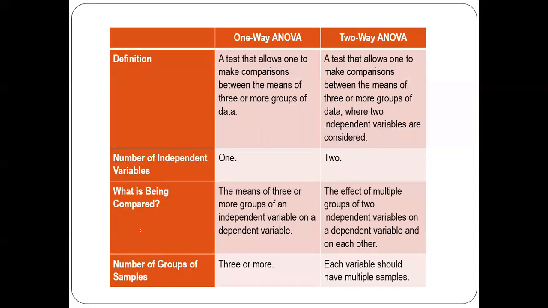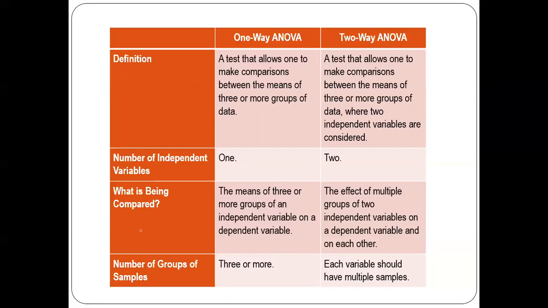The analysis of variance, known as ANOVA, is also divided into two types: one-way ANOVA and two-way ANOVA. In one-way ANOVA, the test allows us to compare the means of three or more groups of data, so the number of independent variables is usually only one, but in two-way ANOVA, the independent variables are two.